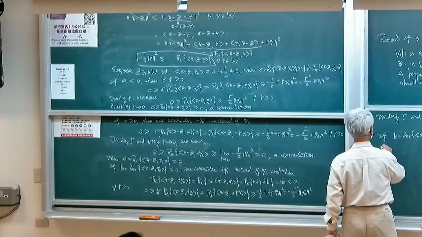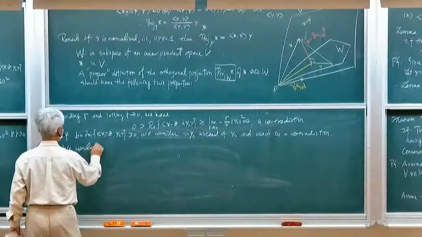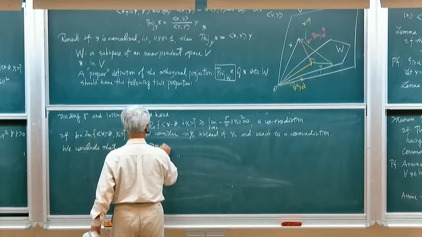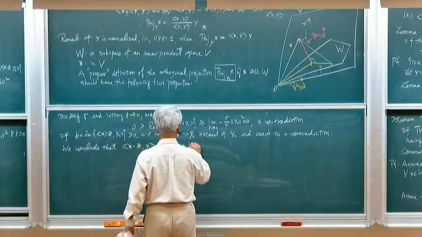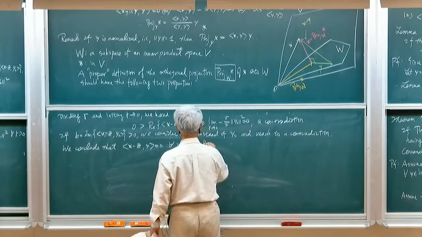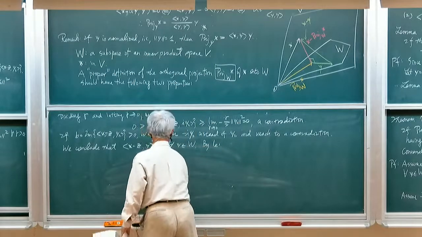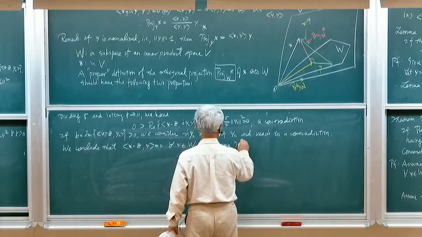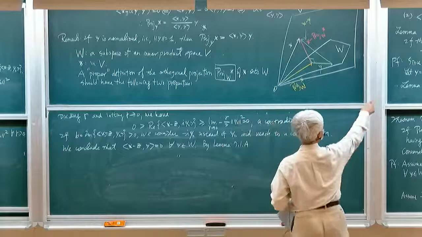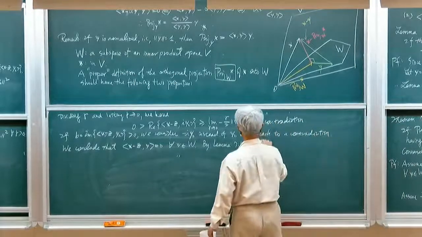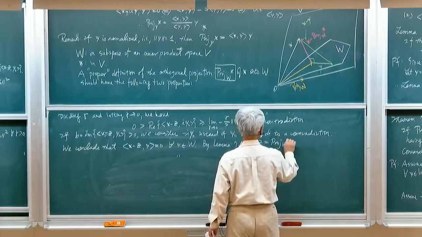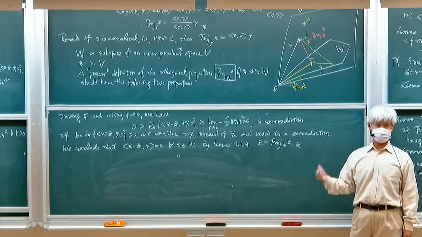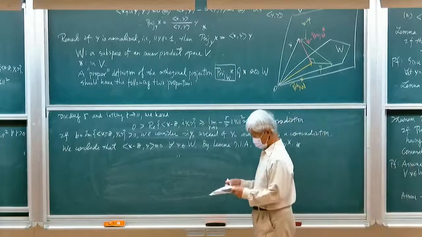So we conclude that the inner product of x minus z with y is 0 for all y in W. So by Lemma 7.1.8, the previous lemma, z is equal to the orthogonal projection of x onto W, because it's unique. So existence implies uniqueness.